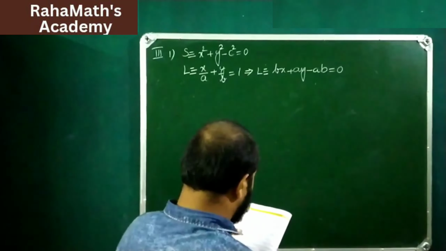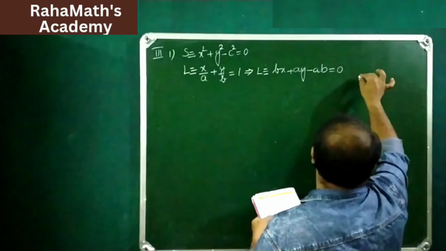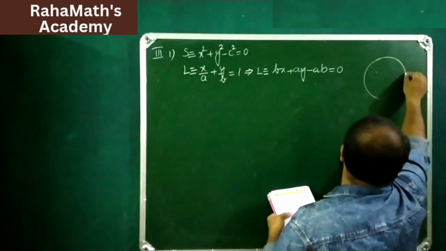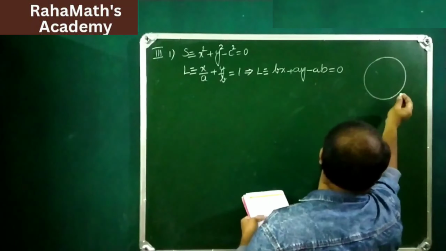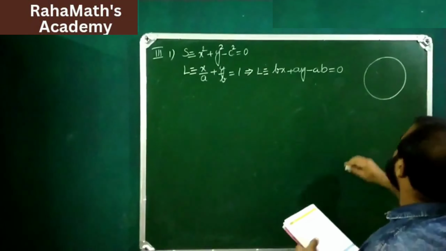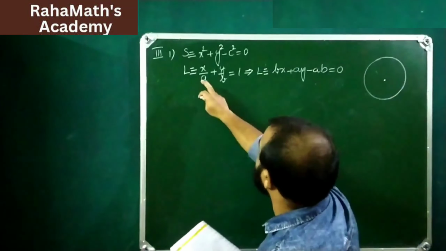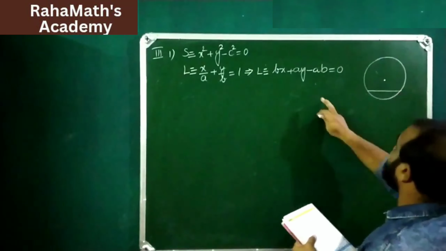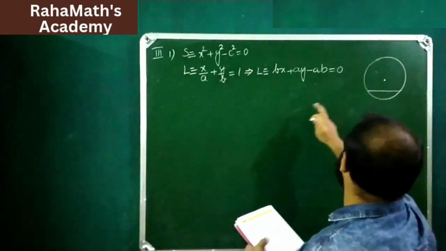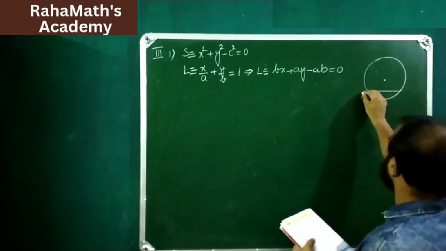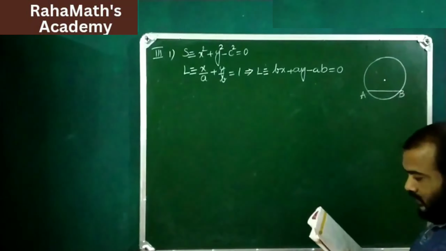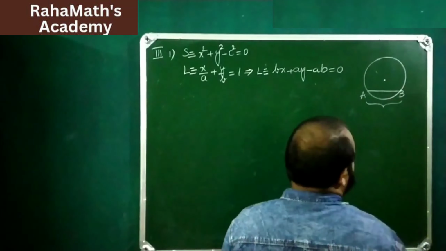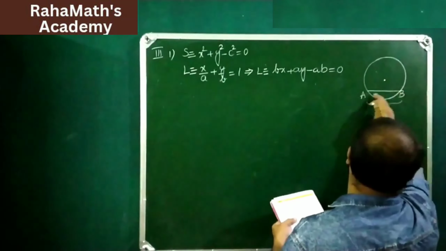Intersects the circle at A and B, then find AB. So, let this be the circle, and this is the line. Intersects means this line cuts this circle at 2 points, A and B. So find AB. He is asking us to find out the chord length AB.